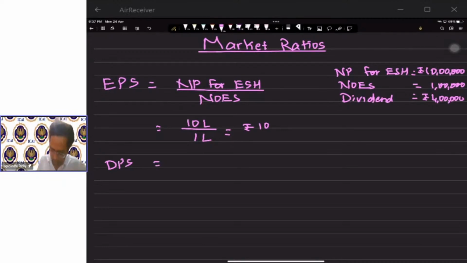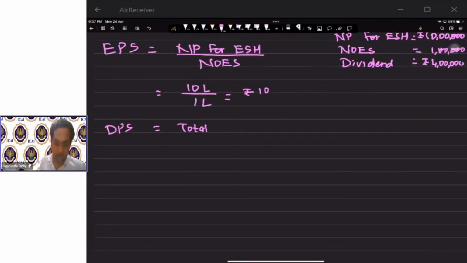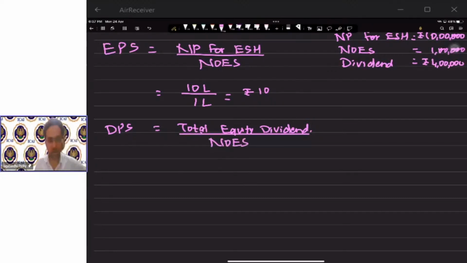So that will be total equity dividend, remember here we are talking of equity dividend, upon number of equity shares. So which is like 4 lakh divided by 1 lakh. That amounts to just 4 rupees.